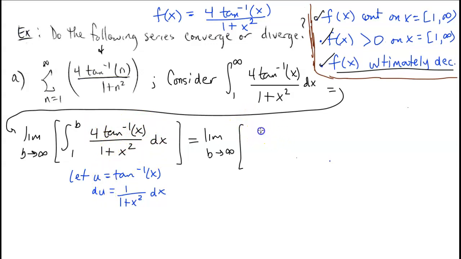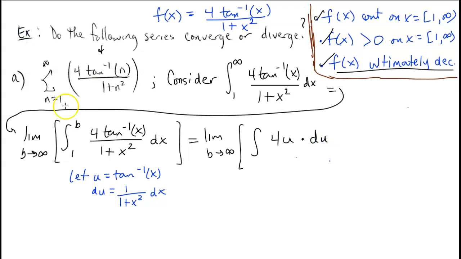So this would be just the integral, and I'll deal with the limits of integration later here. But this will be 4 times u, because tan inverse of arctan is u. And then the 1 over 1 plus x squared dx, that is just going to be du there, okay?